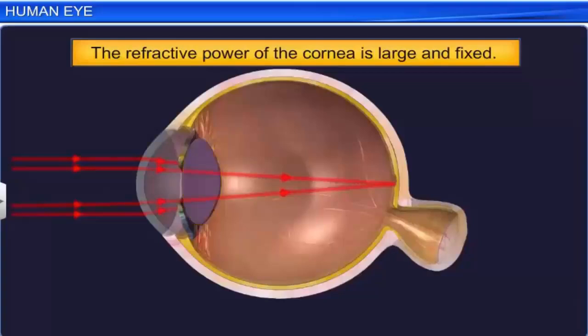The process of adjusting to different object distances by changing the focal length of the crystalline lens is known as accommodation. Ciliary muscles help in adjusting the focal length of the crystalline lens.